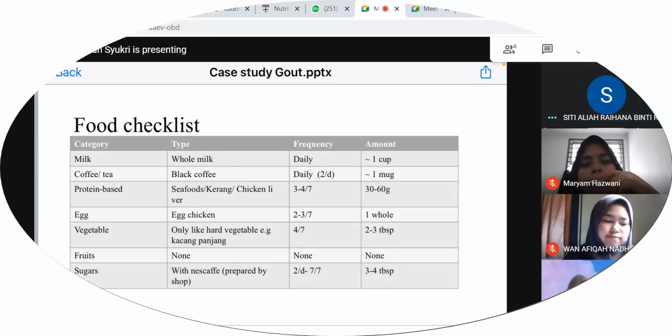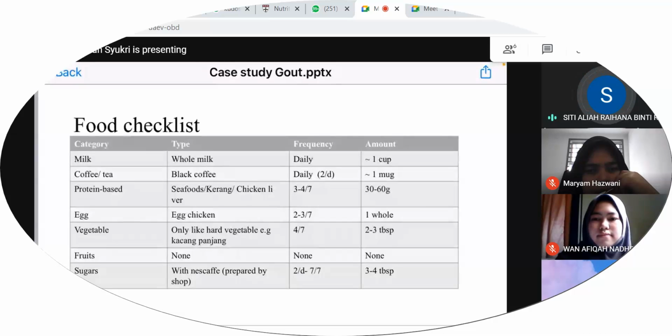Okay, right. So when you have food checklist, Alia, what you have in mind when you wanted to extract the information for the case? Macam mana you nak tahu benda tu? Dengar tak soalan I, Alia? Okay, tak apa.